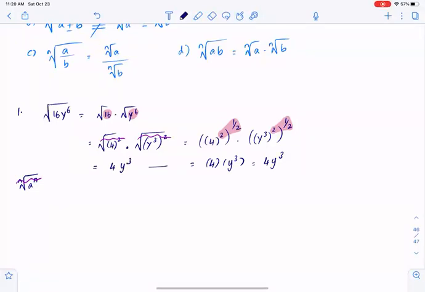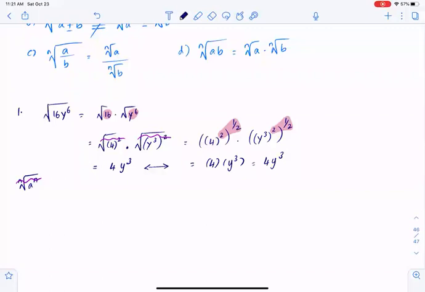So you can see that you get the same answer without going through the entire process of writing them out. The key always is to express the number or expression inside the radical as a power of the integer specified in the radical.